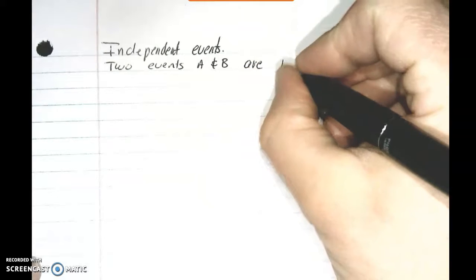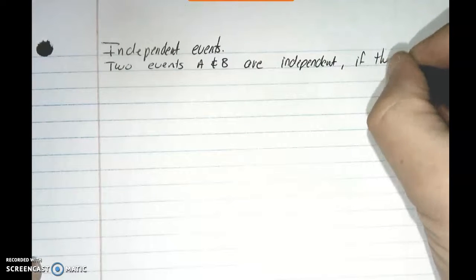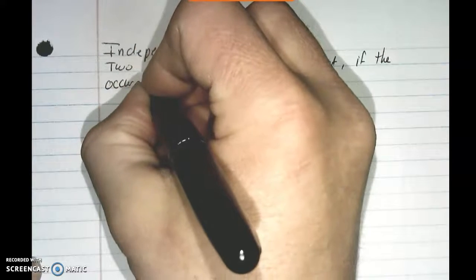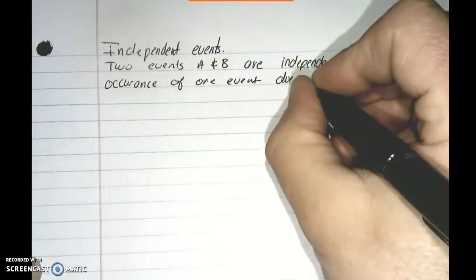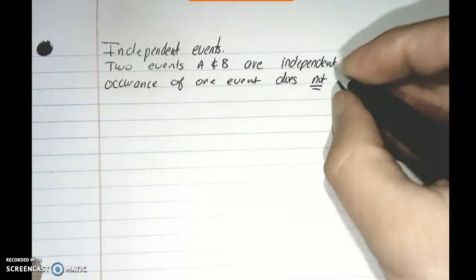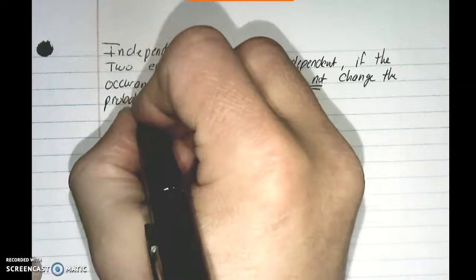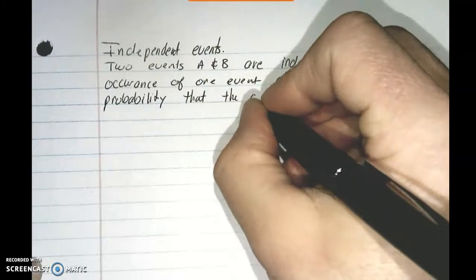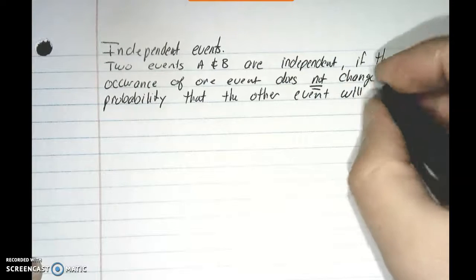So we know that two events, A and B, are independent if the occurrence of one event does not, emphasis on the not, change the probability that the other event will happen, okay?